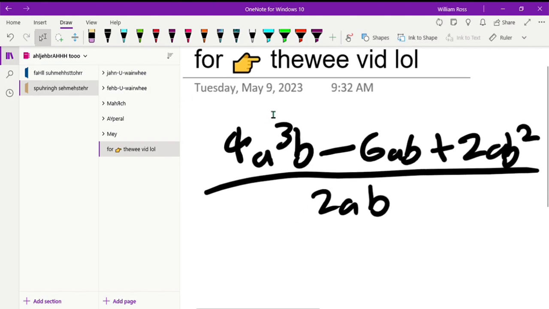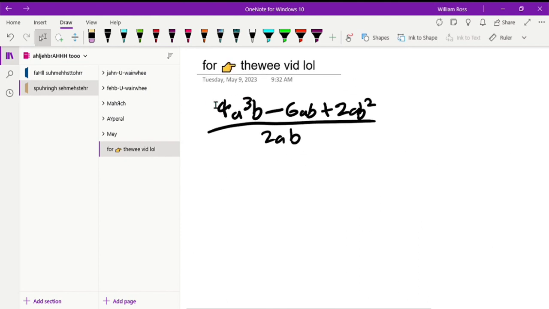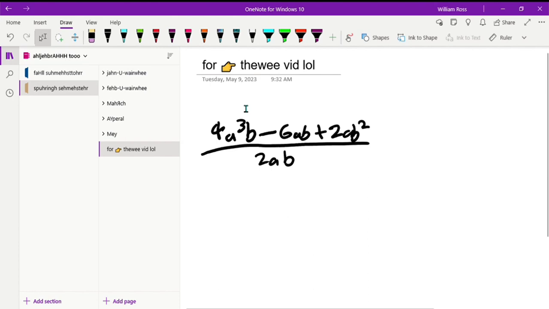So this right here is simplifying. Okay, maybe I should bring this down a bit. So simplify.